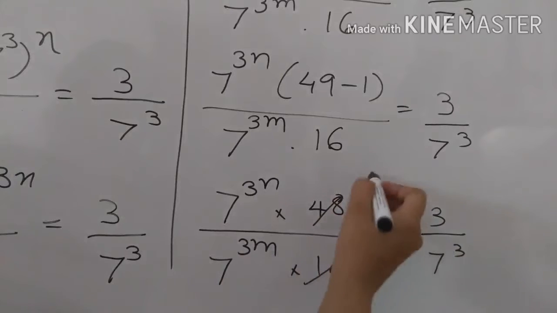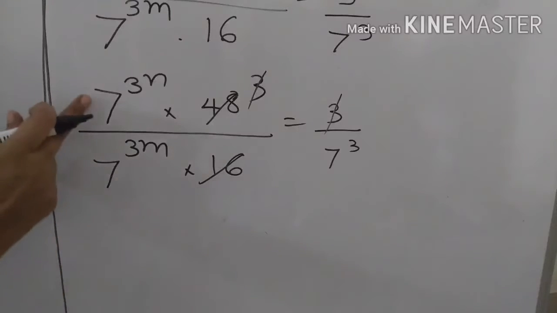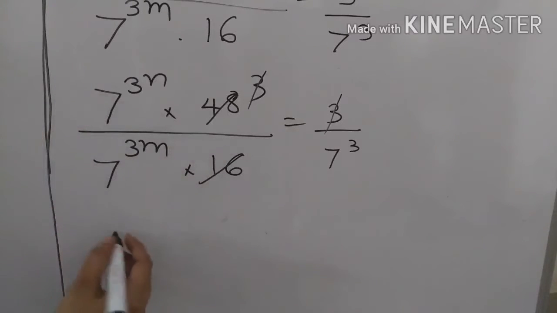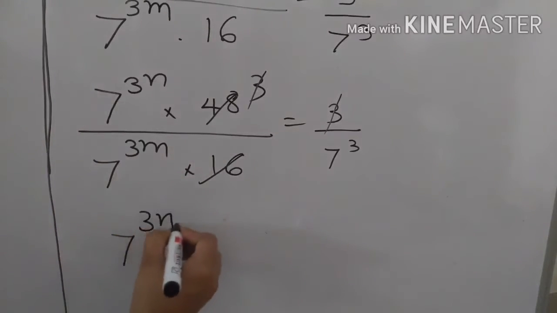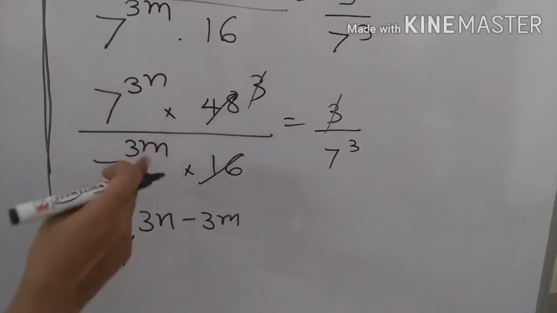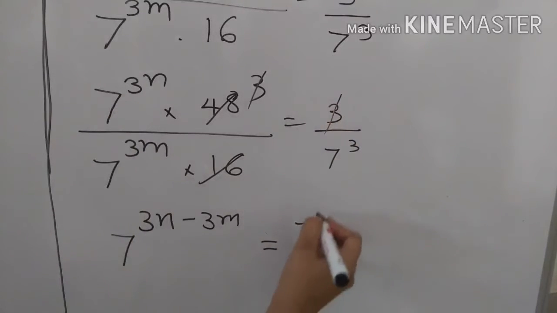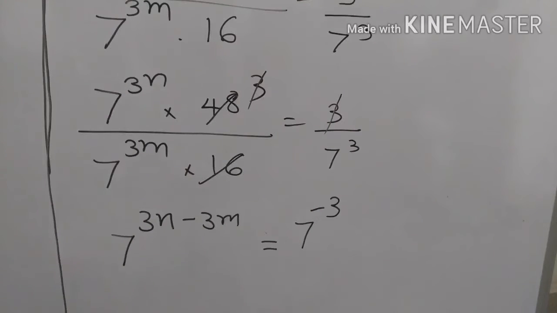16 threes are 48, and this 3 also gets cancelled from both sides. So here we use the division law now. 7 raised to 3n minus 3m, by the same base we can divide the powers, is equal to, this 7 cube if I want it in the numerator, I take the reciprocal and write 7 raised to minus 3.